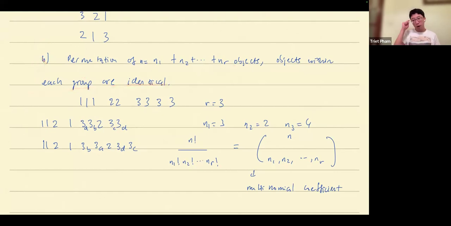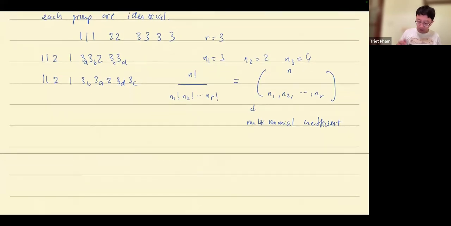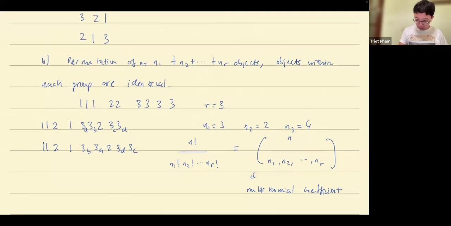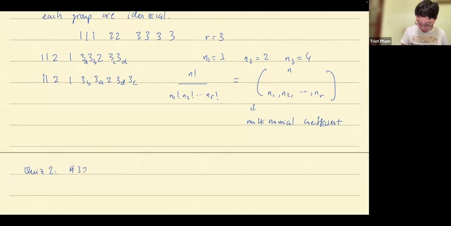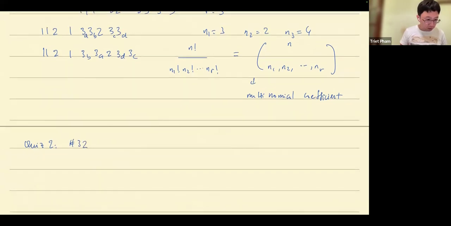Objects within each group are identical. All right, so what's an example? The example is, oh, okay, so actually this is quiz 2. This is question number 32, which is also from your homework.